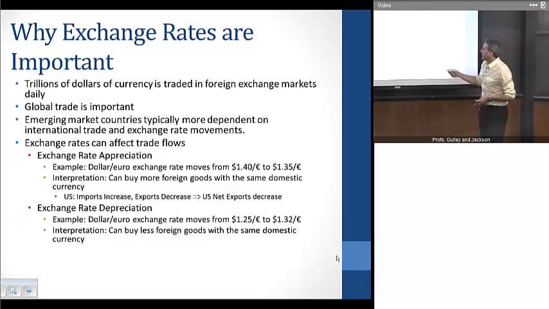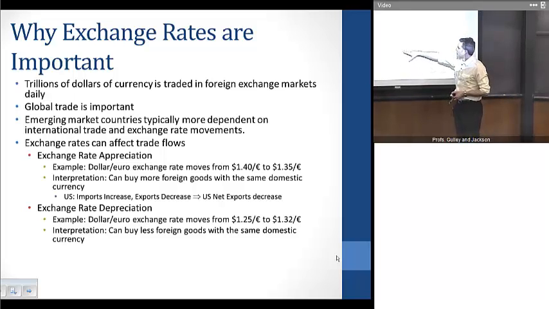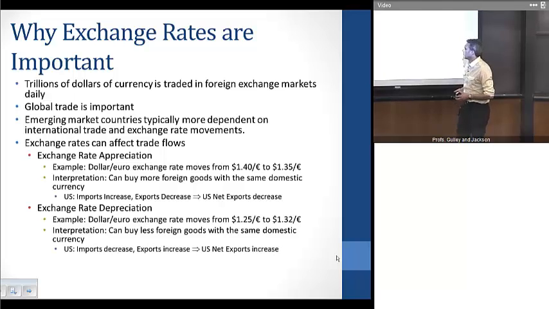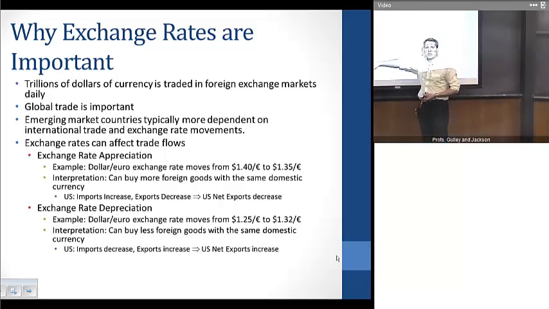If we flip that around, we have the example that we looked at before. If the dollar-euro exchange rate moves from, say, $1.25 per euro to $1.32 per euro, the dollar is depreciating in this case. As a result, we buy less foreign goods with our domestic currency, and so imports into the U.S. are going to go down.